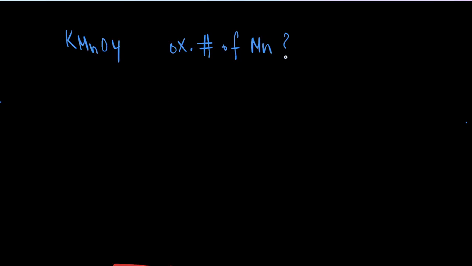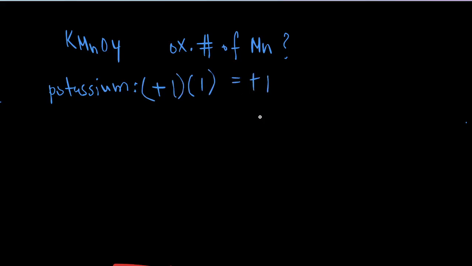What is the rule for potassium? Well, if you remember, potassium is a group 1 metal. We had a rule for that, right? So our potassium is going to follow the group 1 metals oxidation number rule, which is that it's going to have an oxidation number of +1. We see that we only have 1 potassium, so multiplying +1 by 1 gives you just +1.